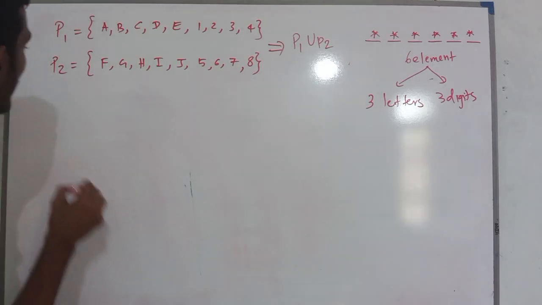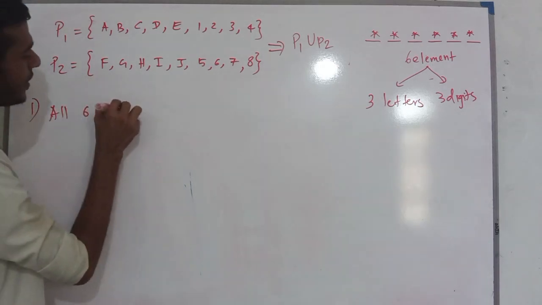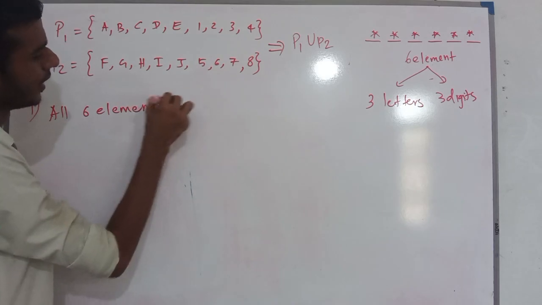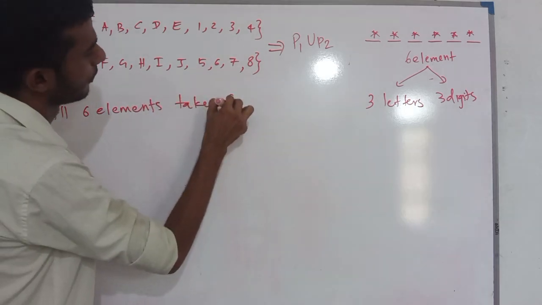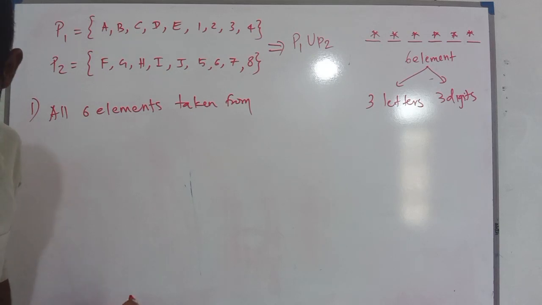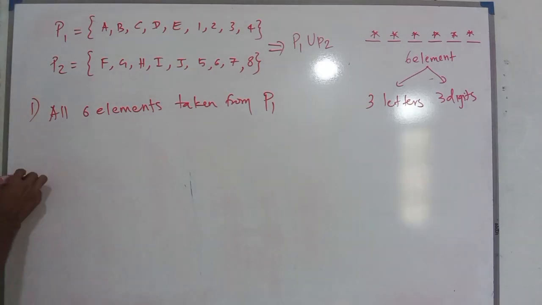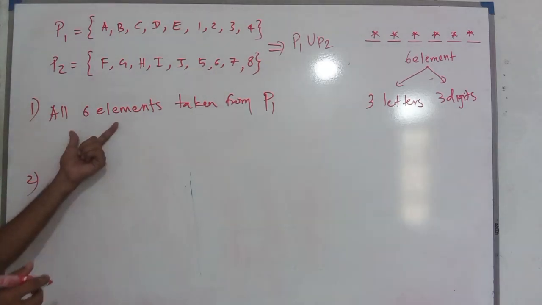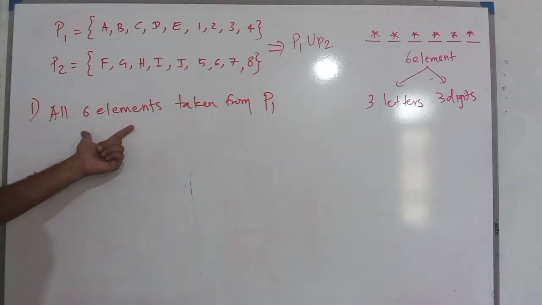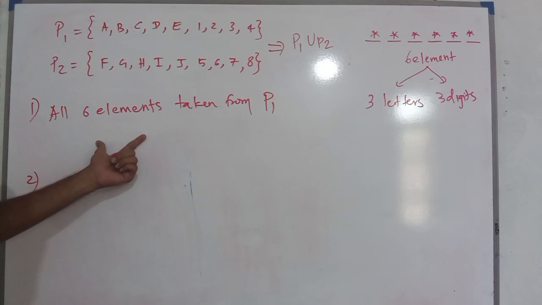Now the first one is all six elements chosen only from P1, right? Now we have to find out the number of different cases, right?